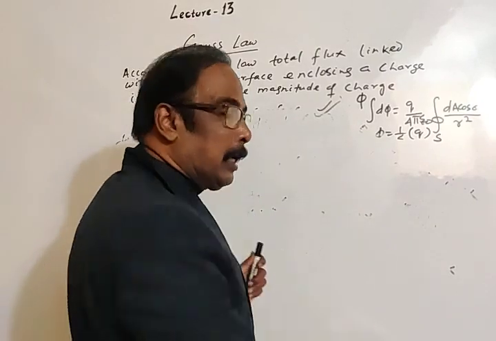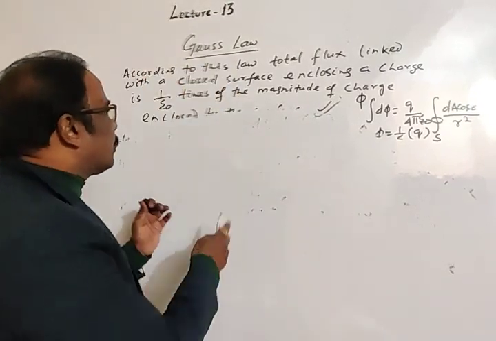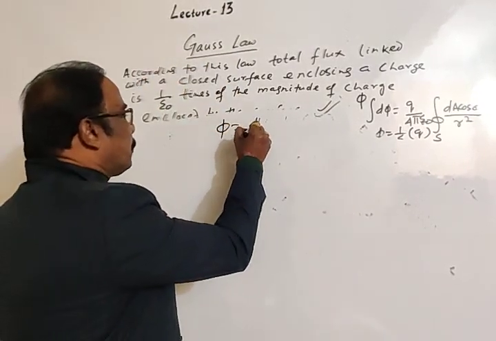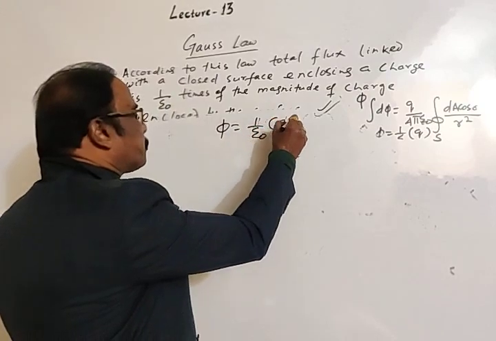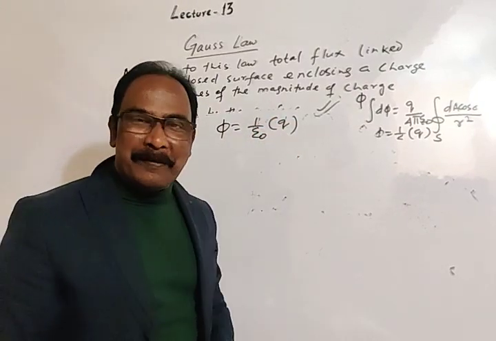Now about Gauss law: the total flux associated with a closed surface is 1 by epsilon naught times the charge enclosed by the surface.